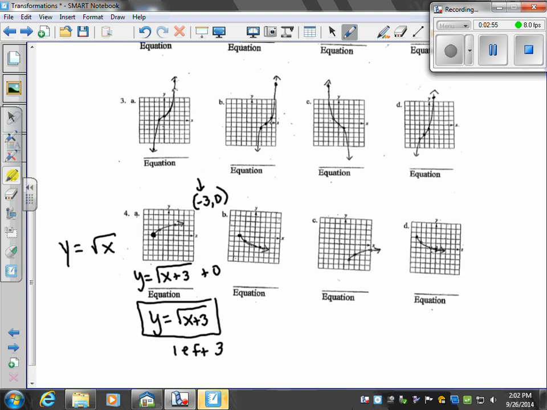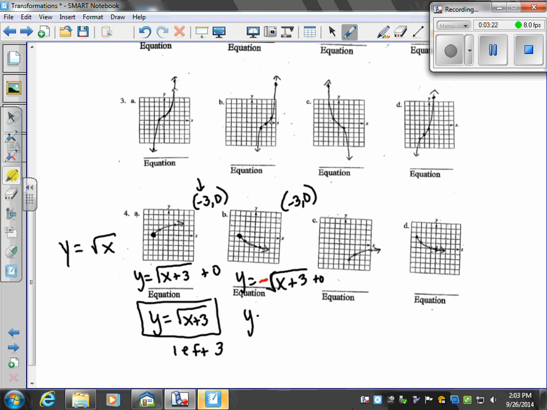Alright, b, we look at this, that point is negative 3, 0, but we can see that it's reflected in a different direction, so since we have a reflection going on, we will have y equals, the reflection is a negative, square root of x plus 3, and then on the outside of that you'll have plus 0.